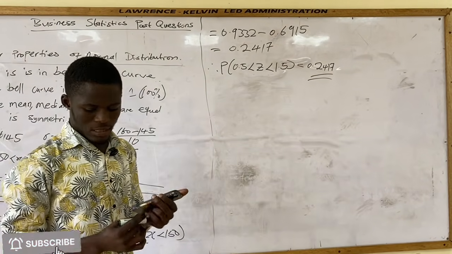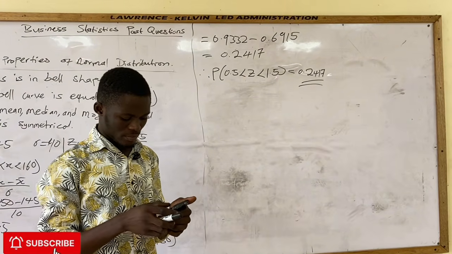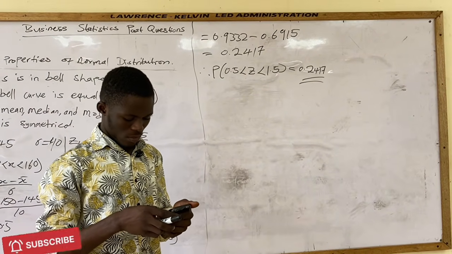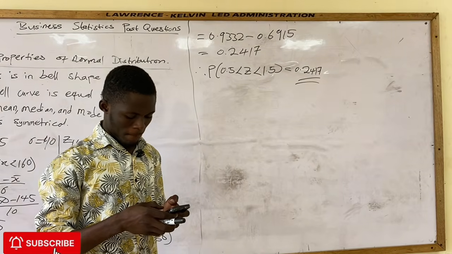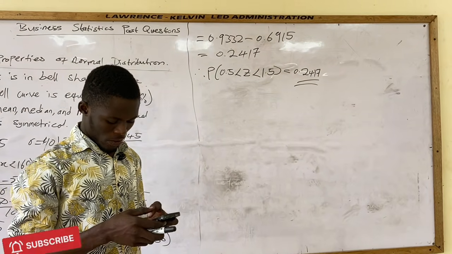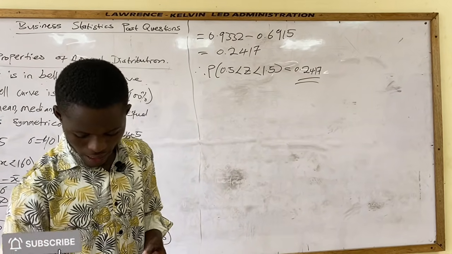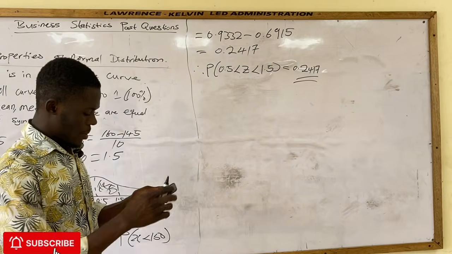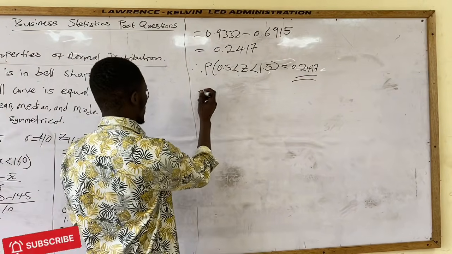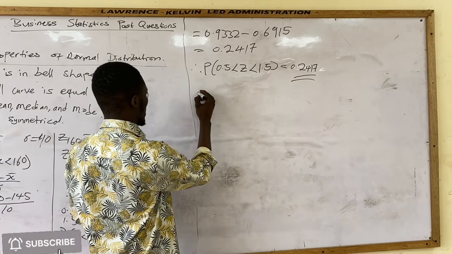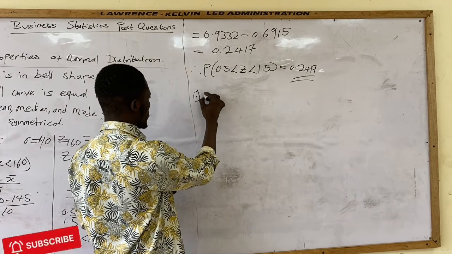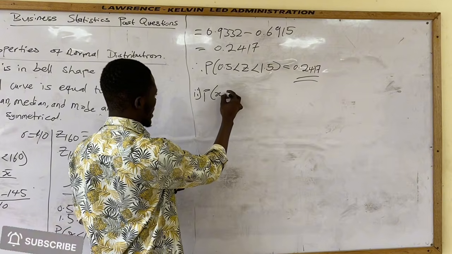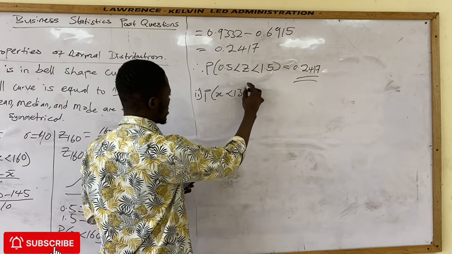Now let's look at part II. Part II also says that we should look at the probability that X is less than 130. So II will be probability of X less than 130.